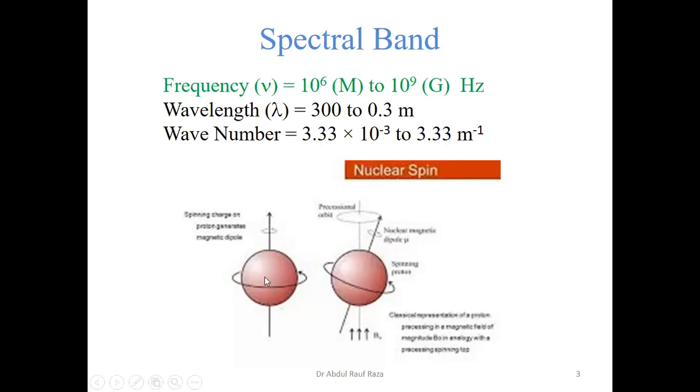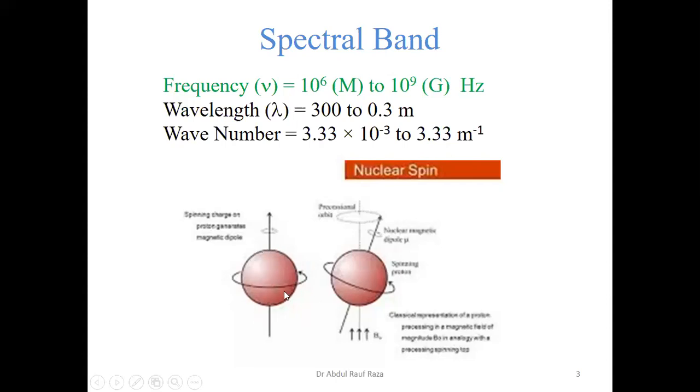The mass of a neutron is slightly higher than the proton. So if you have 1836 electrons, this is equal to the mass of one proton. If you collect 1837 electrons, it is equal to the mass of one neutron.